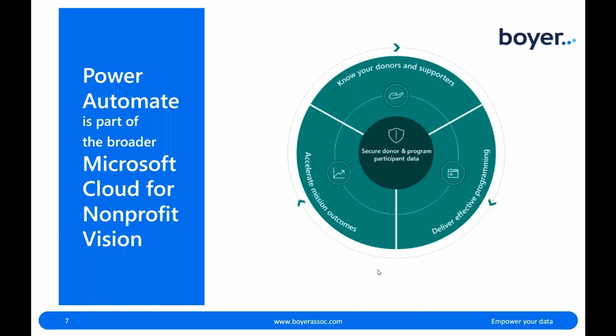But essentially, this vision is defined by 3 key objectives: knowing your donors and supporters, delivering effective programming, and accelerating mission outcomes, all revolving around this hub of secure donor and program participant data. And Power Automate is an important connecting thread, an important automation solution, to make these objectives possible and to connect different parts of the Cloud for Nonprofit.